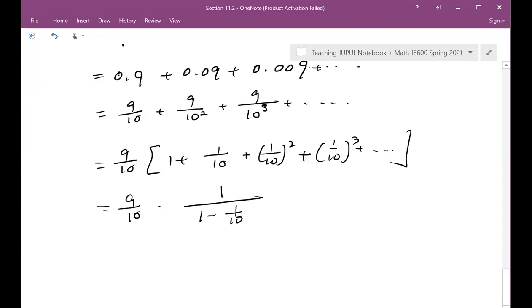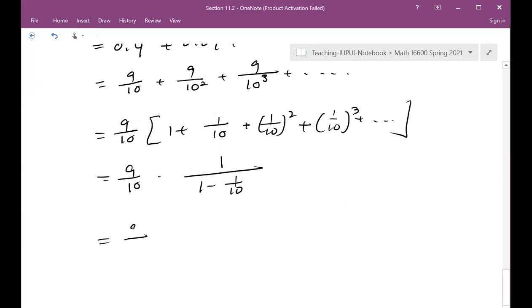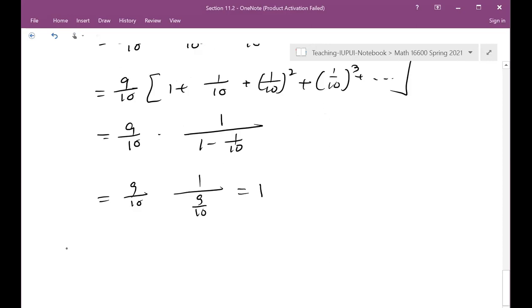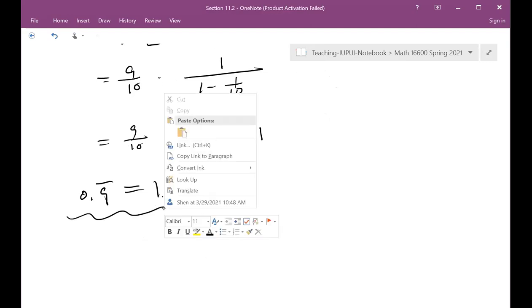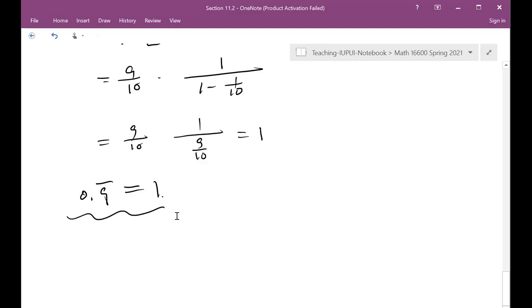Let's simplify it. The answer is 1. So in fact, we conclude that 0.9 repeating is nothing but equal to 1. This is identical, it's the same. 1 can be expressed as 0.99999. Infinitely many nines is actually just 1.